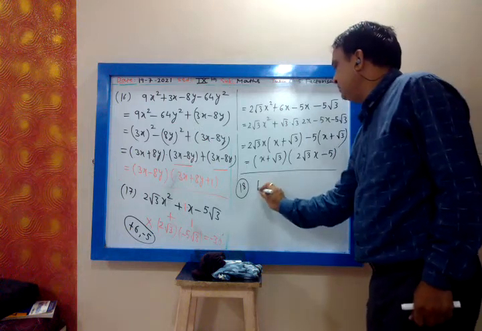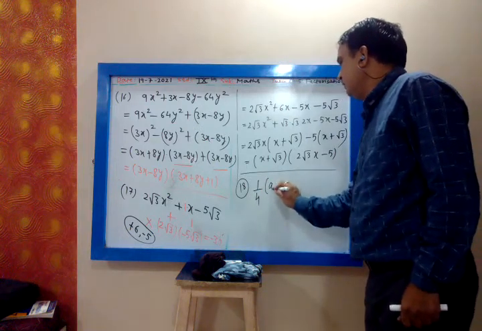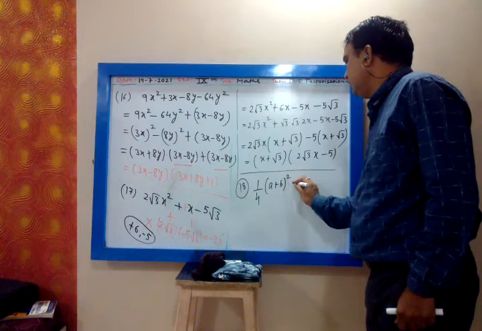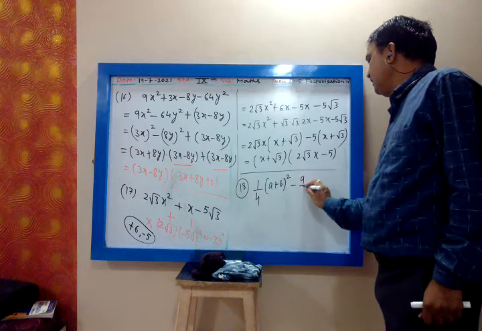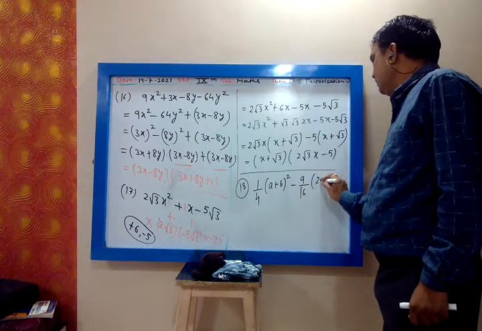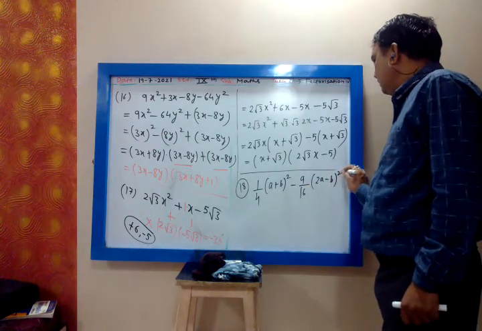1 by 4 (a plus b) whole square, minus 9 by 16 (2a minus b) whole square.